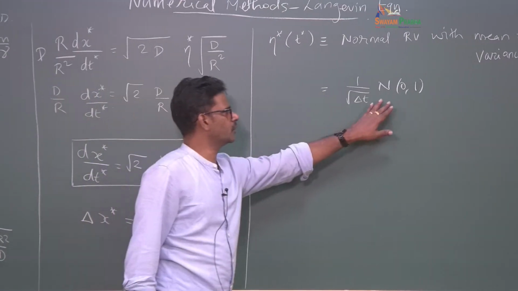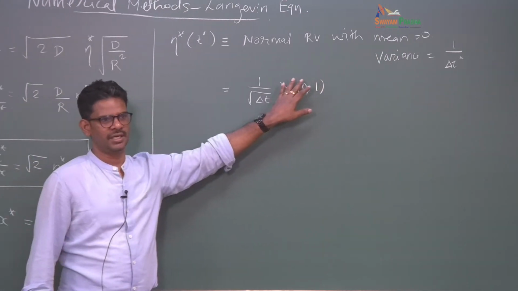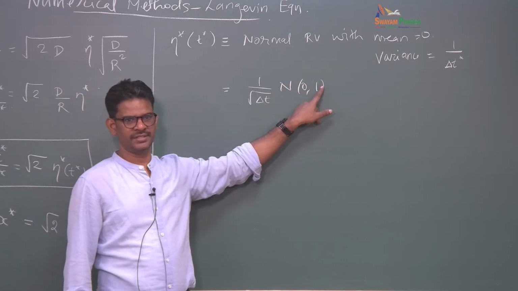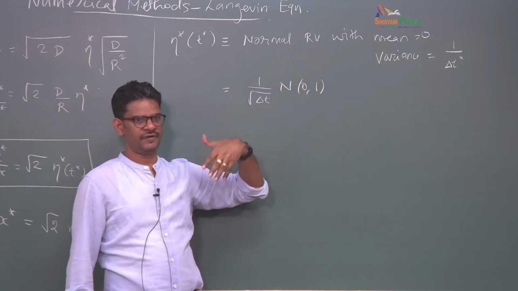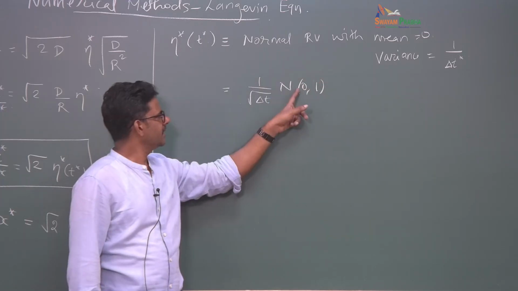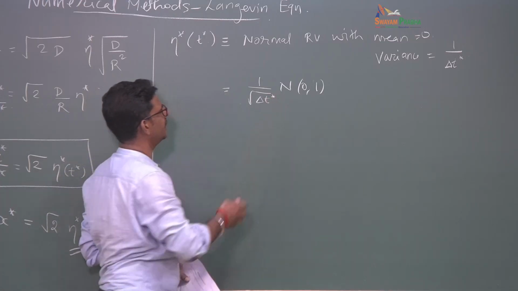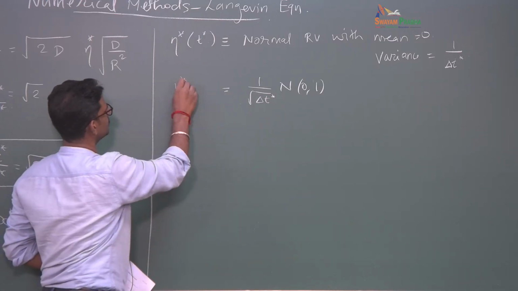In the very beginning of the course, we already learned how to generate a Gaussian normal random variable with 0 mean and unit variance. So we can call that function to generate this number and divide by the square root of delta t star, and then you would have created this random component.